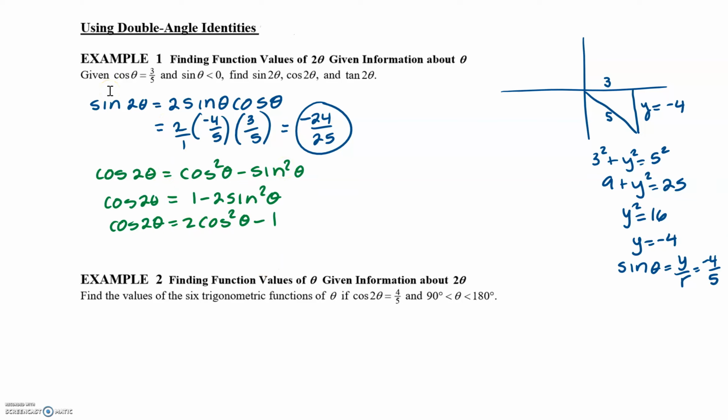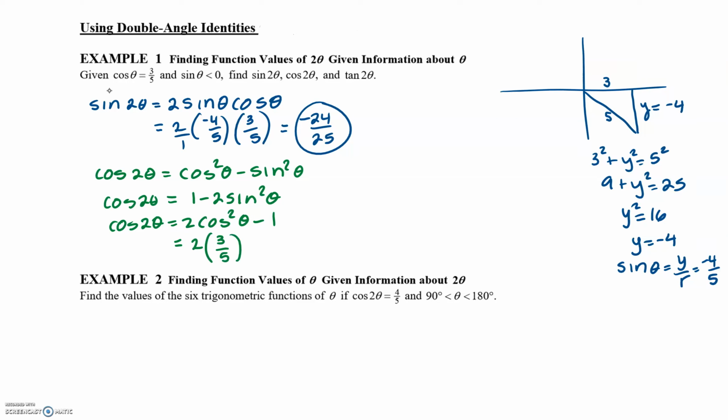Any of the 3 would be fine because you know both sine and cosine. But you can see here you didn't need to find sine. If you just use the last one, you can just plug in 3/5 there because that was given, and that would be the answer. So let's figure that out. That would be 2 over 1 times 9/25 minus 1.